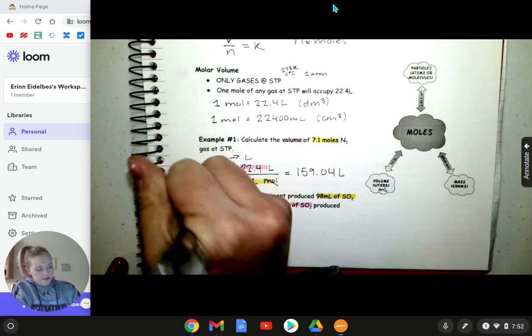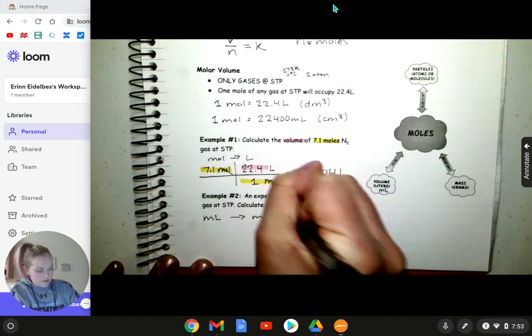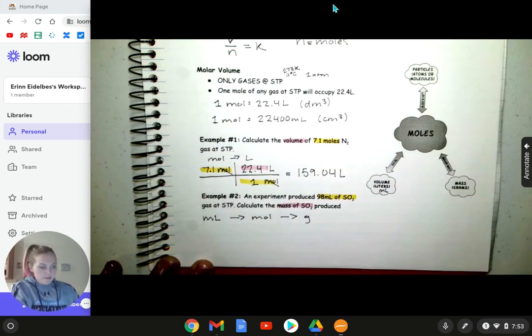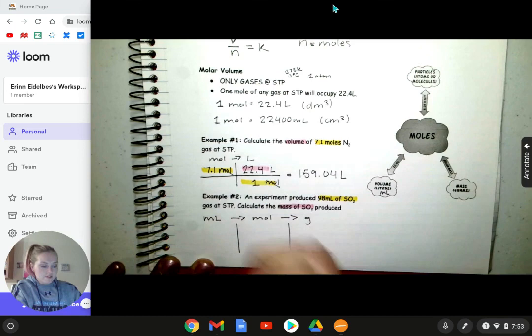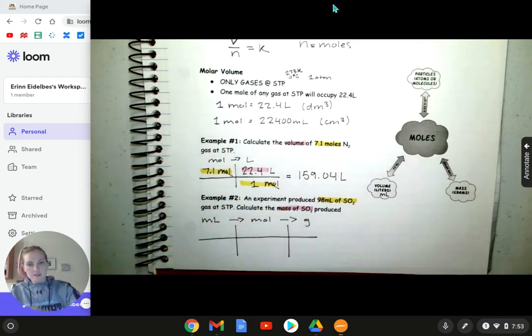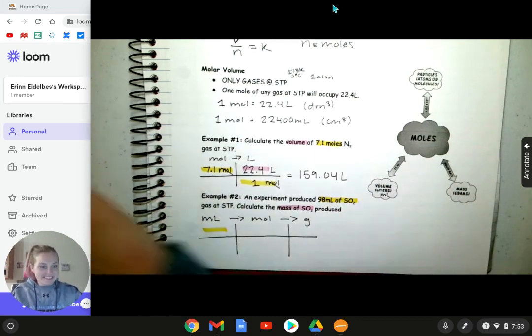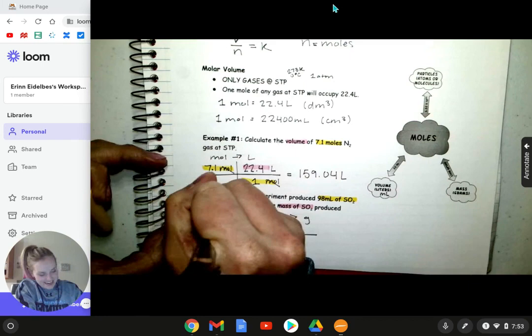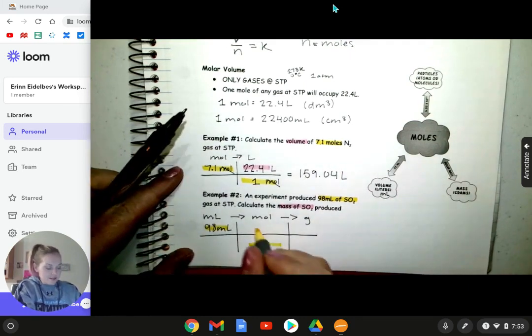I have to go from volume to moles to mass. I'm going to go milliliters, moles to grams. Where I have my arrows, my vertical lines, and across. What I'm given, always in that first box, 98 milliliters. I need to cancel those units.